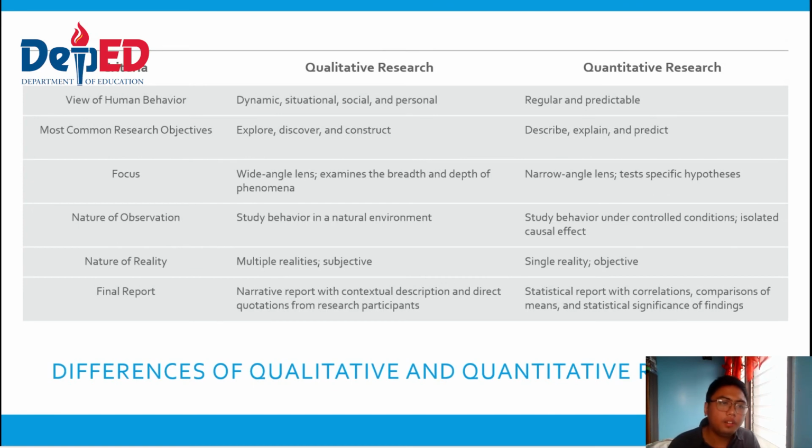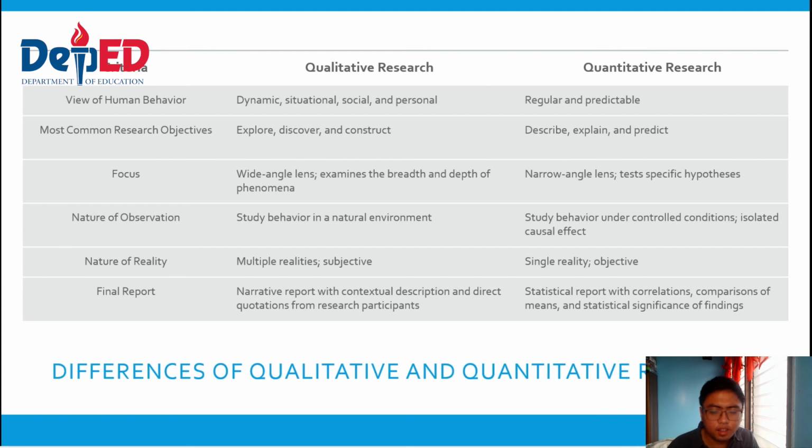Criteria: view of human behavior, qualitative, dynamic, situational, social, and personal, while quantitative, regular, and predictable. Most common research objectives: qualitative, explore, discover, and construct, while quantitative, it describes, explains, and predicts. Focus: qualitative, wide-angle lens, examine the breadth and depth of phenomena, while quantitative is narrow lens, test specific hypothesis lang.